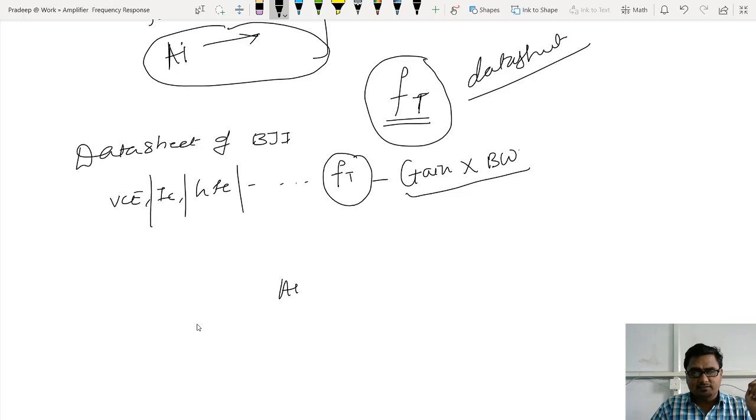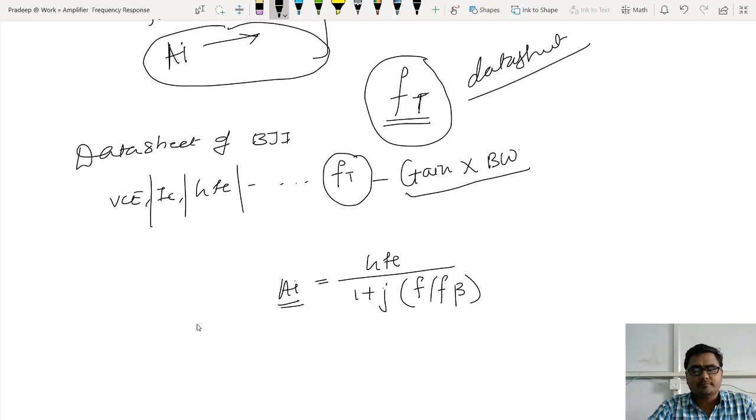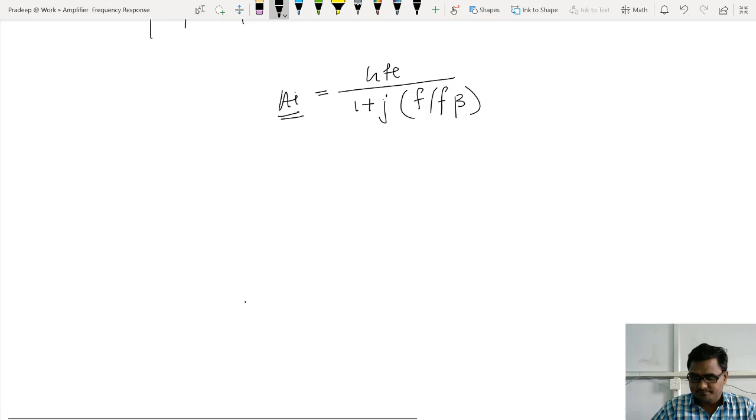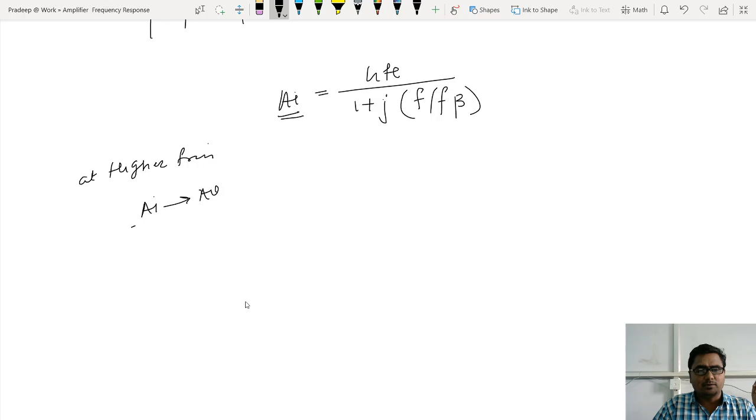Let me write the equation again, for the current gain, with f divided by f beta. Now, when you increase the frequency for the BJT, the current gain approximately becomes the voltage gain. So at higher frequencies, whatever current gain you have, you can treat the same as a voltage gain.